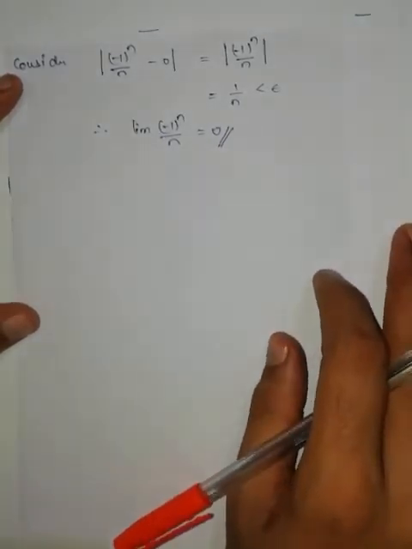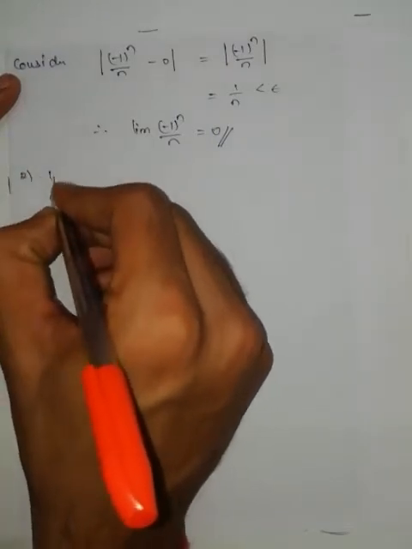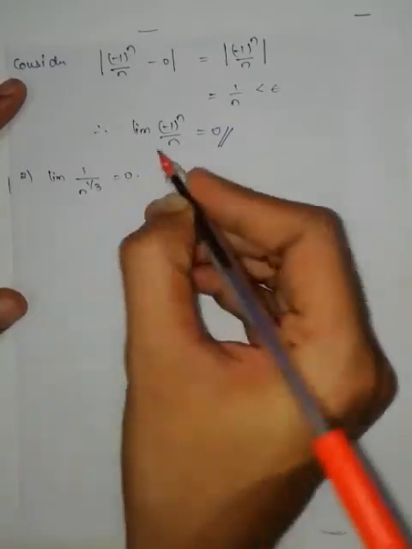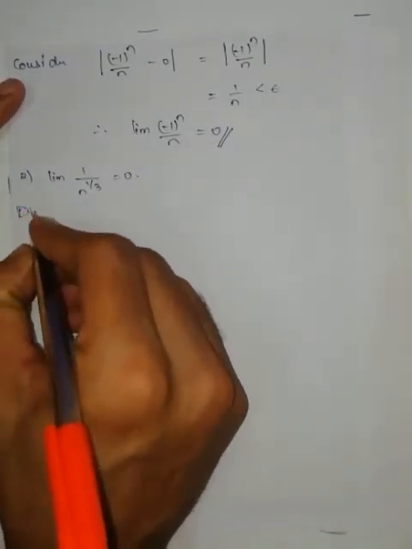Now, second one. Limit of 1 by n to the power of 1 by 3 is equal to 0. Discussion.